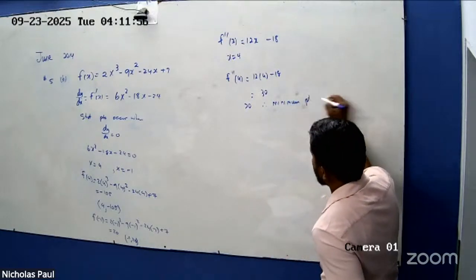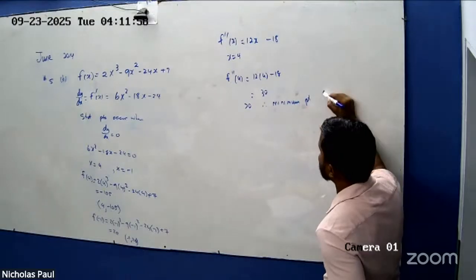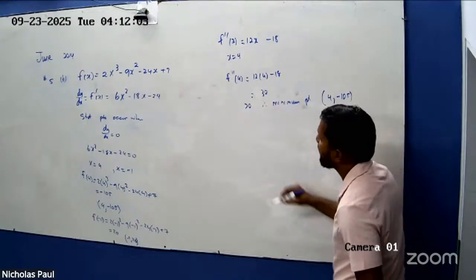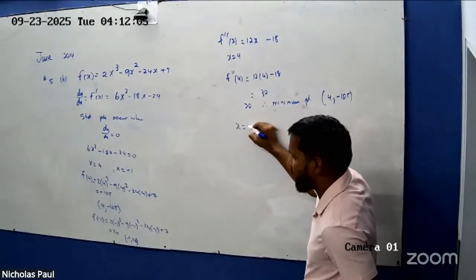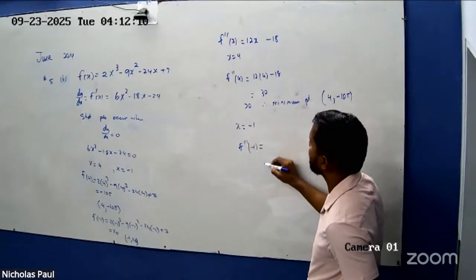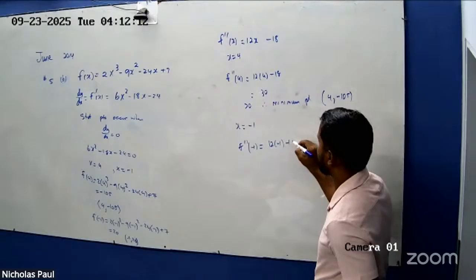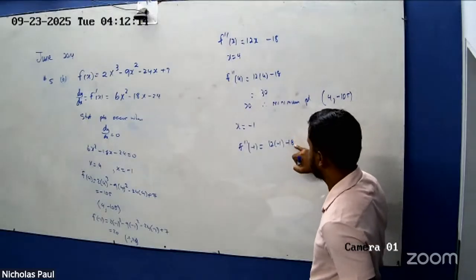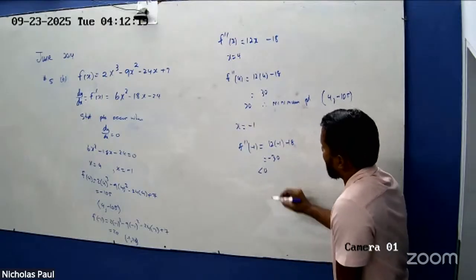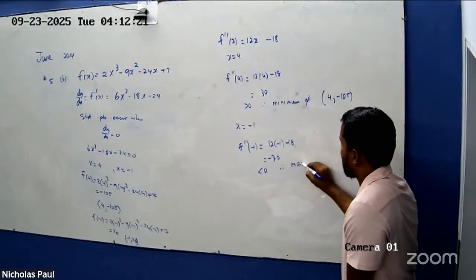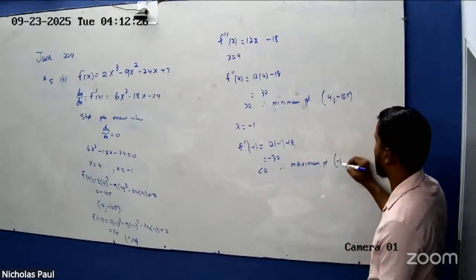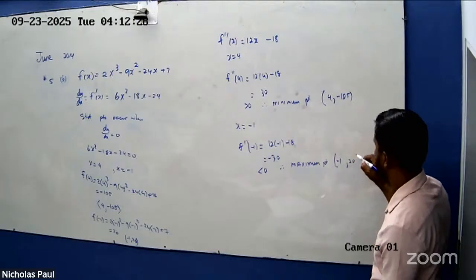Minimum point is (4, minus 105). And then when x is equal to minus 1, f double prime of minus 1 is 12 times minus 1 minus 18, which is minus 30, which is less than 0, therefore, maximum. Maximum point is (minus 1, 20).